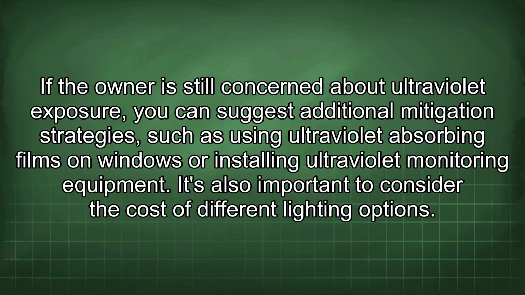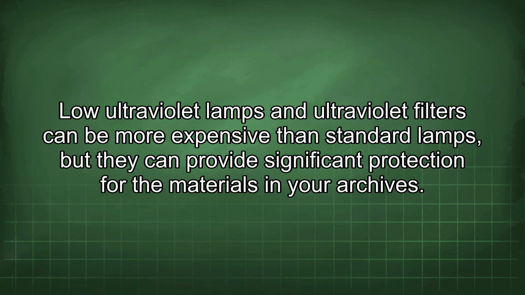If the owner is still concerned about ultraviolet exposure, you can suggest additional mitigation strategies, such as using ultraviolet-absorbing films on windows or installing ultraviolet monitoring equipment. It's also important to consider the cost of different lighting options. Though ultraviolet lamps and ultraviolet filters can be more expensive than standard lamps, they can provide significant protection for the materials in your archives.